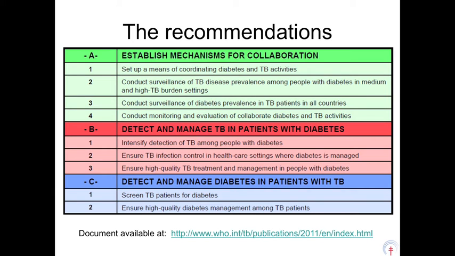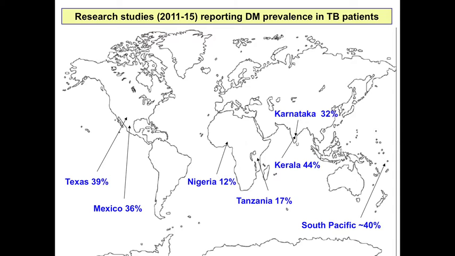And in this framework, there was a clear call for more operational research, more research to build up the evidence base about the interaction and what we're going to do about it. So I'm pleased to say in the last 4 years that's had a desired effect. There's been a plethora of studies now published on diabetes and TB, many of them reporting on diabetes prevalence in TB patients, and I've given you just a snippet.